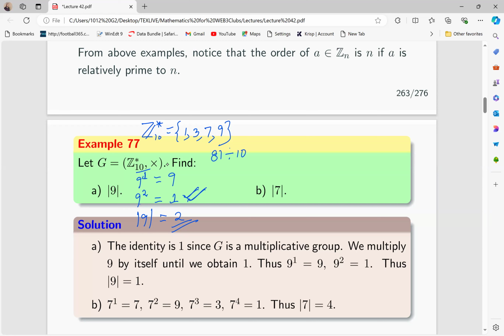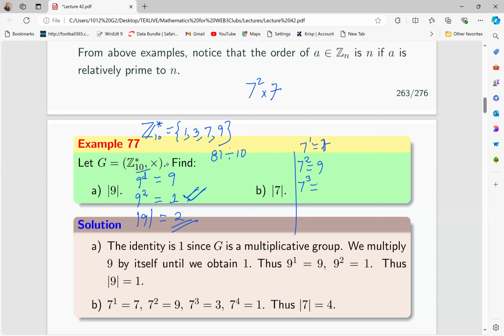Okay, let me do this again with 7. 7 raised to 1 will be 7. 7 raised to 2 will be 49. 49 mod 10, the remainder is 9. And then 7 raised to 3, we know it's the same as 7 raised to 2 times 7.